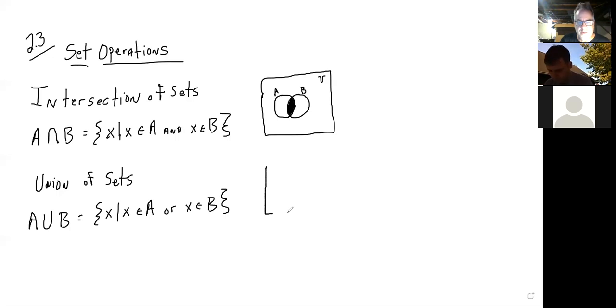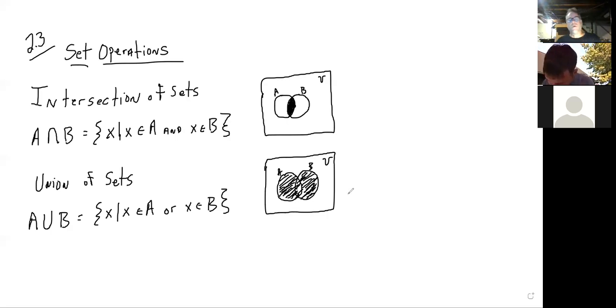So if we drew a Venn diagram of this situation, what I would end up wanting to shade is everything in A or B. That would be the Venn diagram for union of sets. Questions on that?